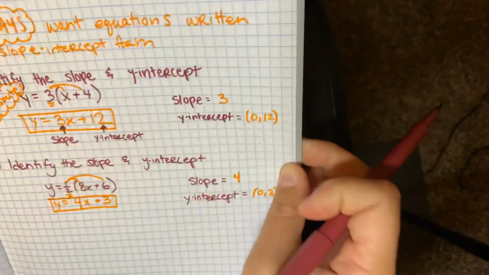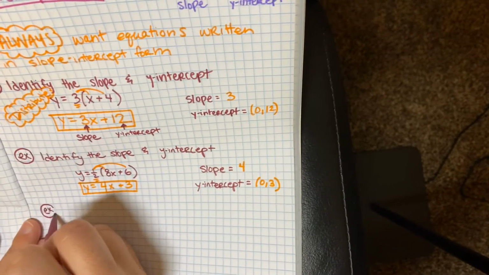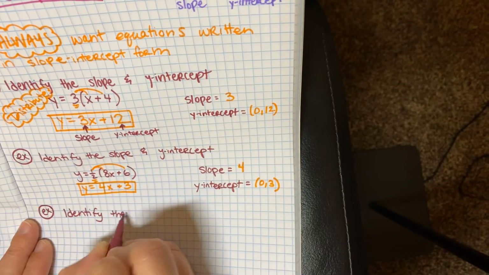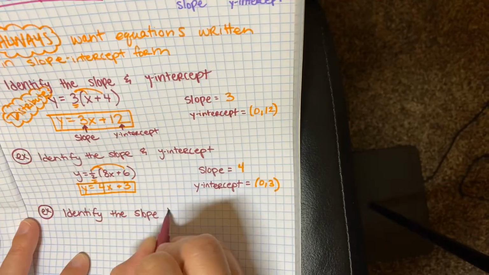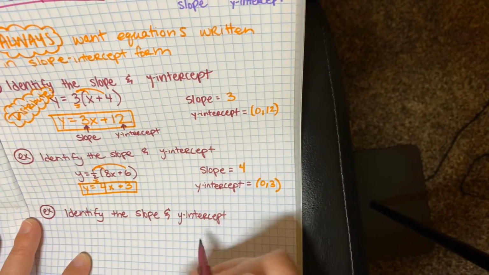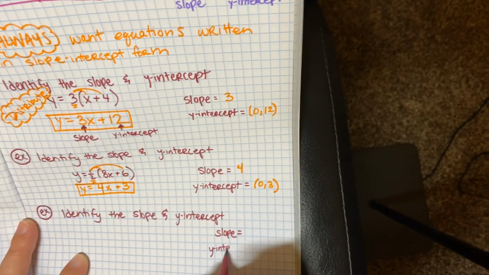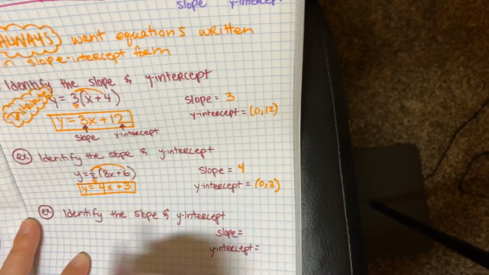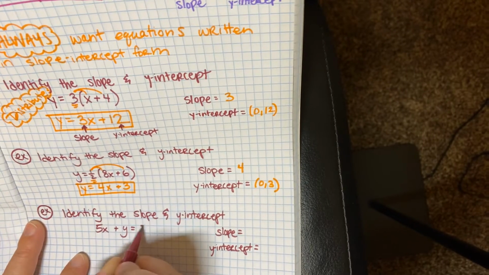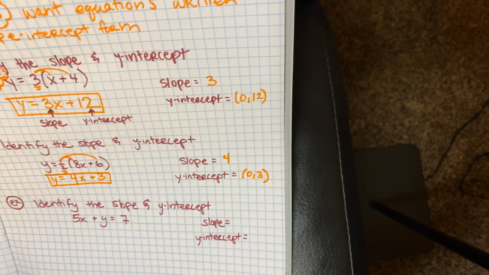Now, the next type of problem, it's going to be the same. You're still going to be identifying the slope and the y-intercept. It's just going to look a little different. So now we have 5x plus y equals 7.